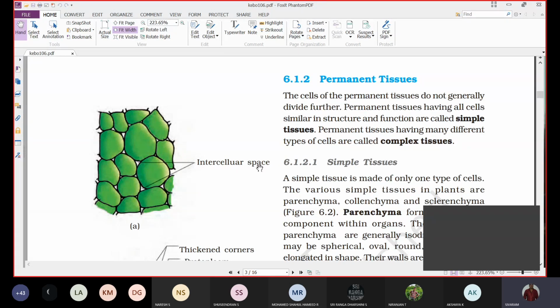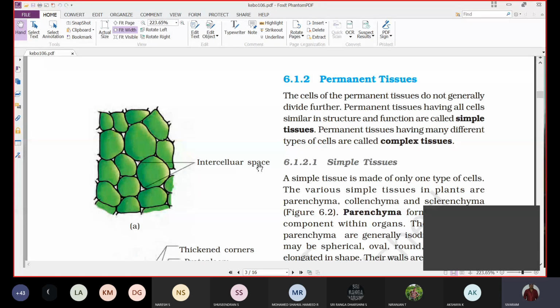What is a simple permanent tissue? A permanent tissue which is made up of only one type of cells. That means a group of cells which are similar in origin and function are grouped to form a simple permanent tissue. And next, what is a complex permanent tissue?